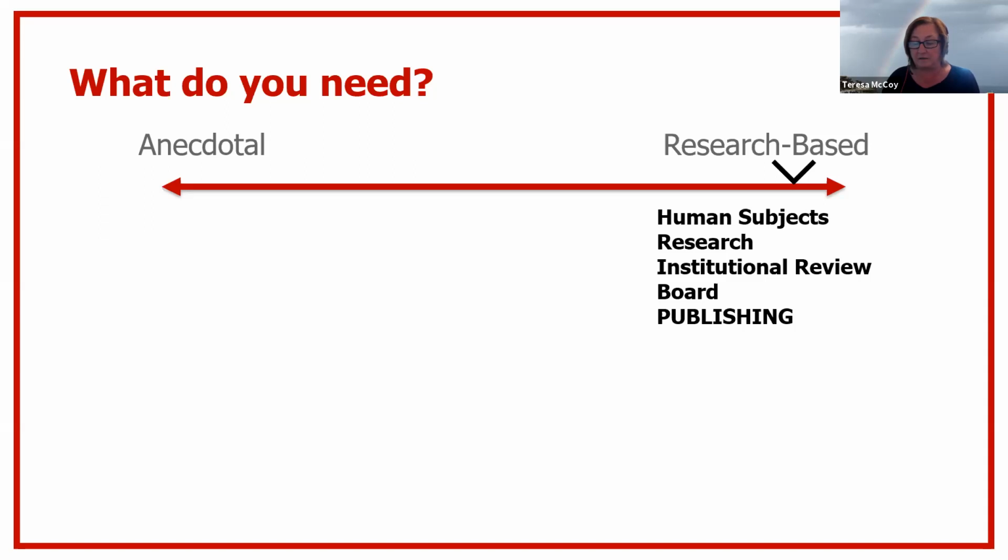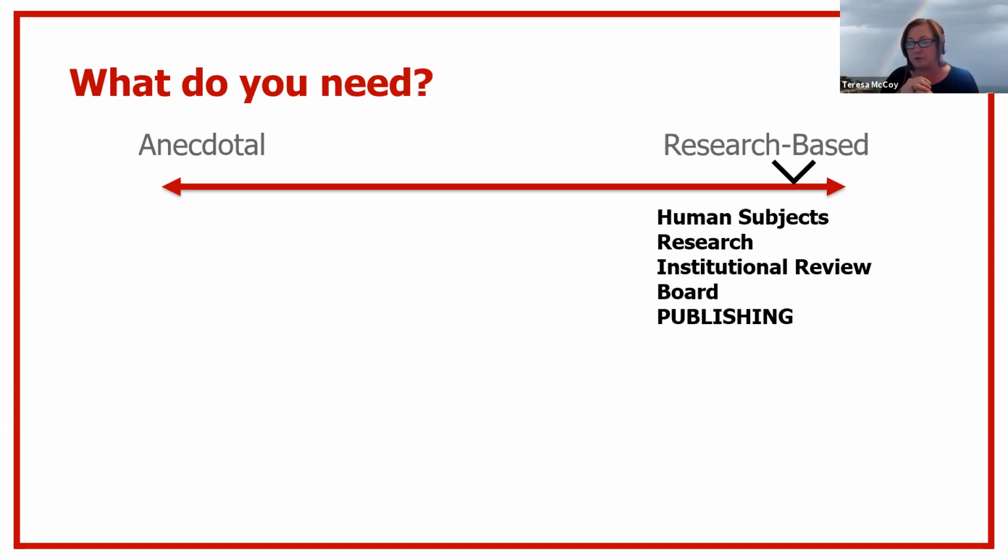It has to be IRB approved. I have done a ton of that work over the years. I know people find that intimidating, but there's lots of help, lots of support for that. If you do get into a position or into a project where you really want to make it a research-based project, it looks pretty scary from the outside, but it's not that bad.